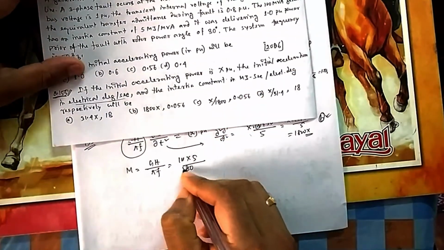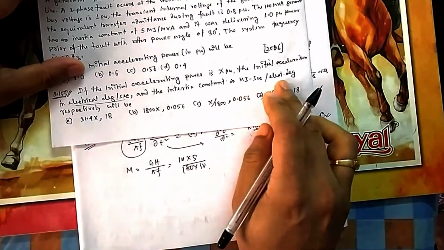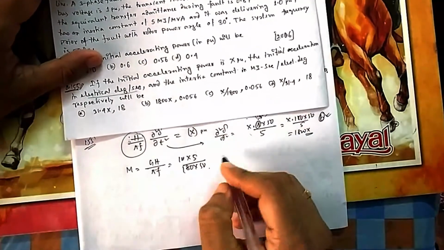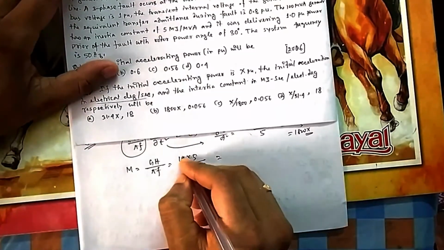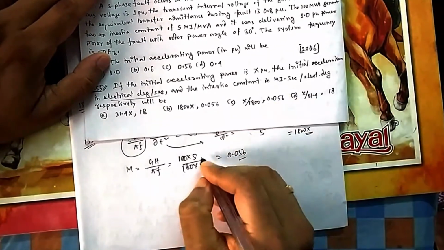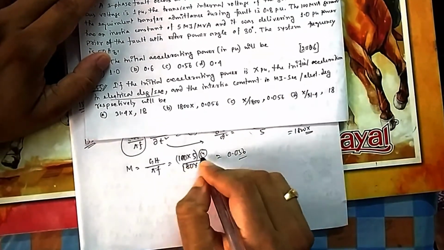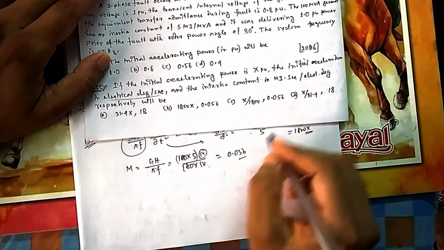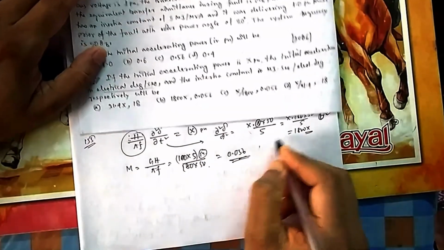So you will put 180 degree, because you have to say it in electrical degree. So if you put all these things, finally you will get 0.056. This is actually megajoule per electrical degree. So that is your option B, you have already seen.